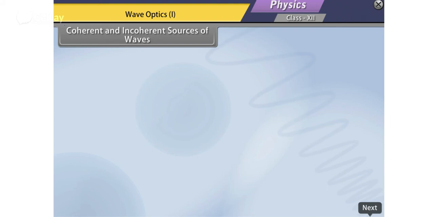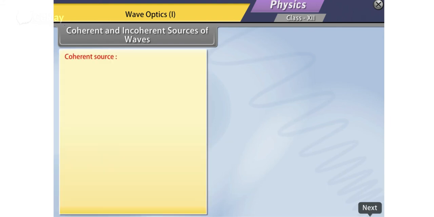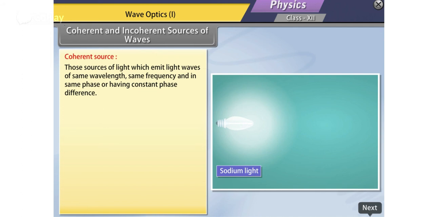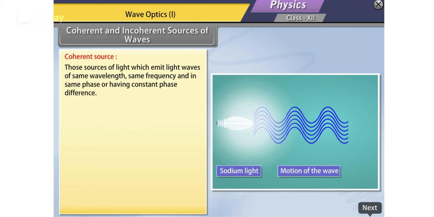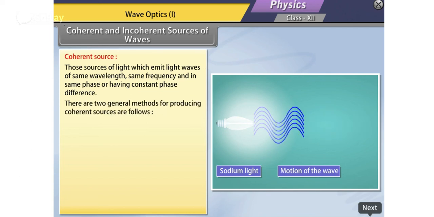Coherent and incoherent sources of waves. Coherent sources of light are those sources of light which emit light waves of same wavelength, same frequency, and in same phase or having constant phase difference. There are two general methods for producing coherent sources as follows. By division of wavefront.